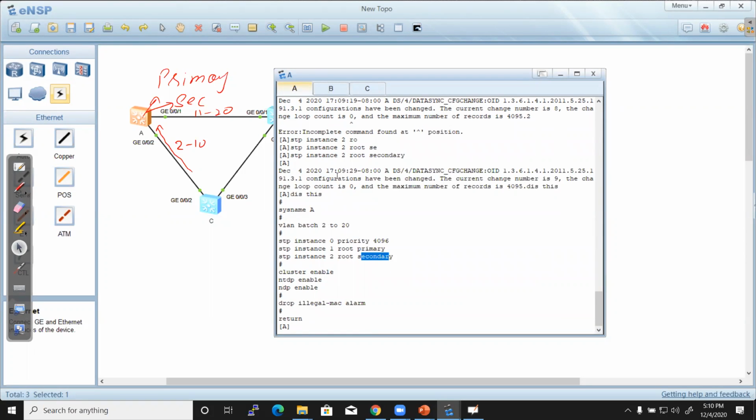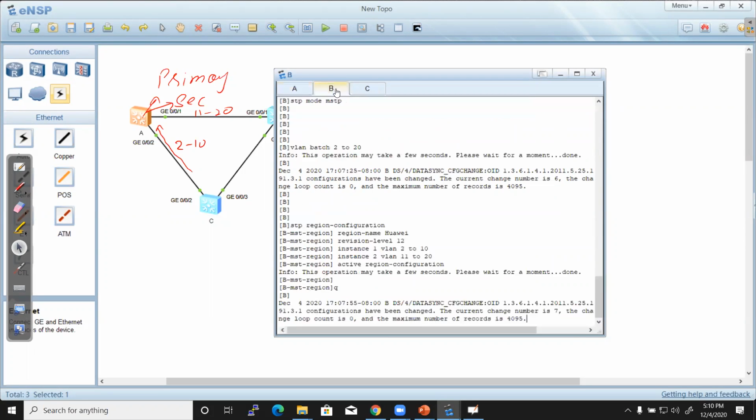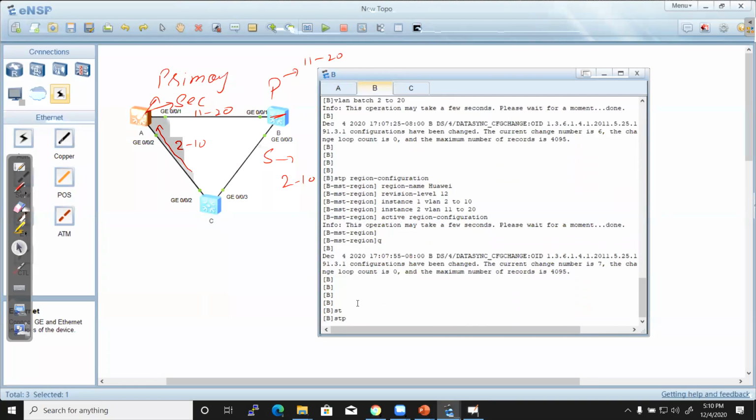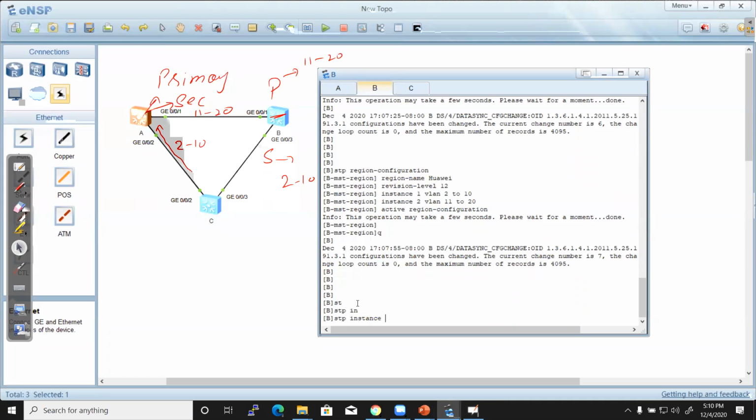And the opposite thing I need to configure on switch B. Why? Because I want this switch to be primary for the VLANs 11 to 20 and configured as secondary for VLAN 2 to 10. So how can we achieve that? We'll simply say STP instance.